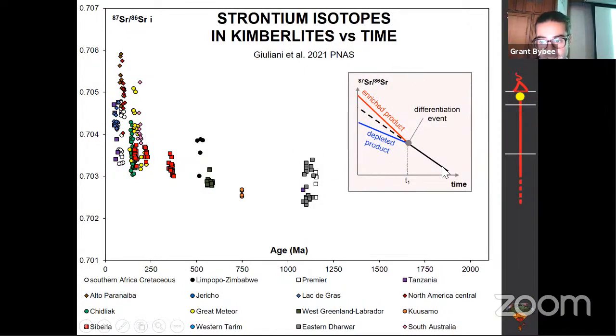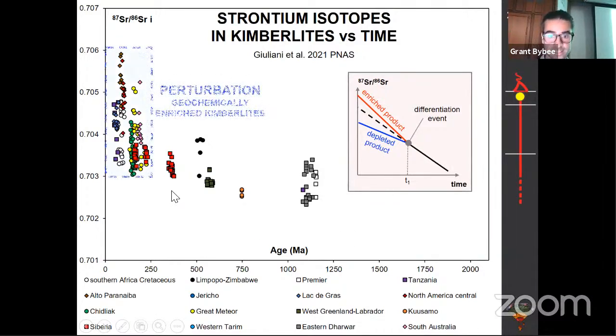And this is a little explanation chart that indicates that whenever you have a partial melting event, what you extract, so your partial melt, say the crust, has higher rubidium/strontium and therefore with time develops more radiogenic strontium 87/strontium 86. What is left behind, the depleted product, has lower rubidium/strontium and therefore with time develops a more depleted, so lower 87/86 ratio, composition.